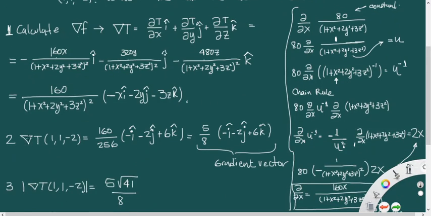So now we have this formula here. Now the next step is to evaluate the gradient vector at the point (1, 1, -2).